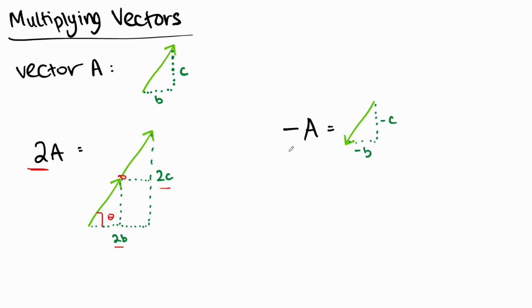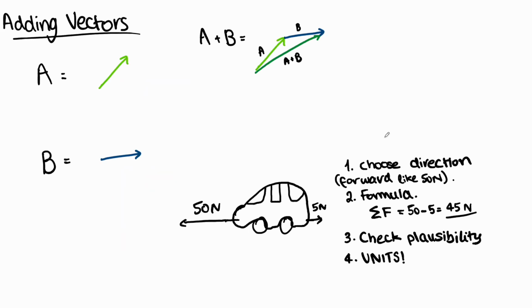Similarly, for minus A, you would just turn the arrow the other way around and make the horizontal and vertical components the negative version of the original. Adding vectors is also pretty simple.